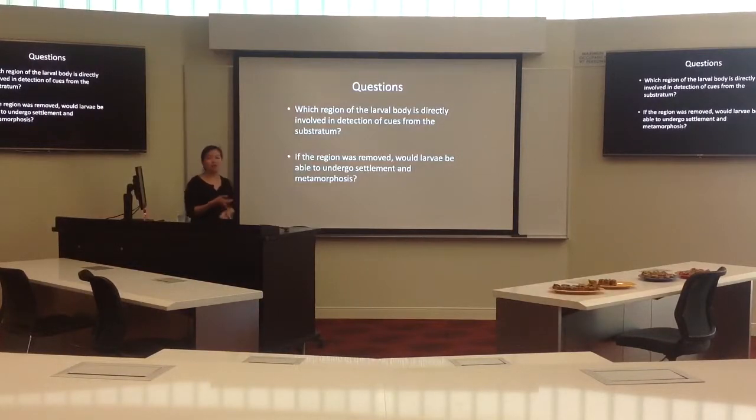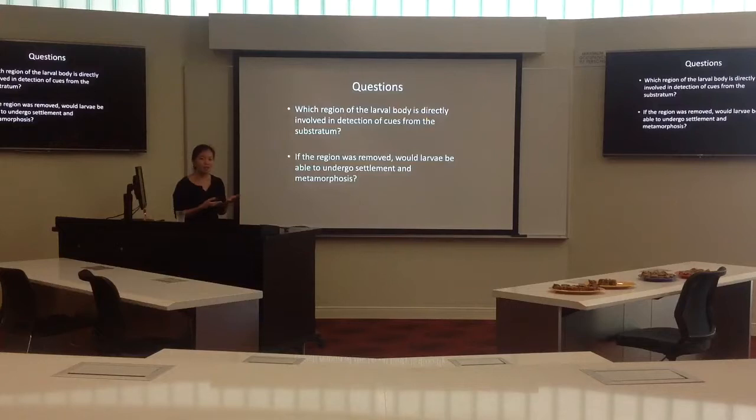So in getting back to these questions here, which region of the larval body is directly involved in the detection of cues? It is the aboral end, but it's dependent on the species as far as which part of the aboral end. And so for Montifera capitata, it was that first aboral quarter, and for Postdoctoral Researcher, it was that second aboral quarter.